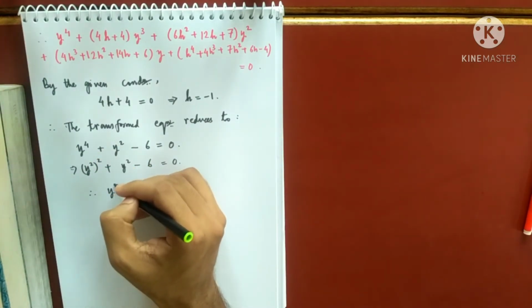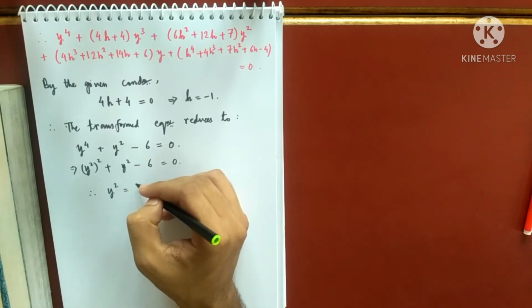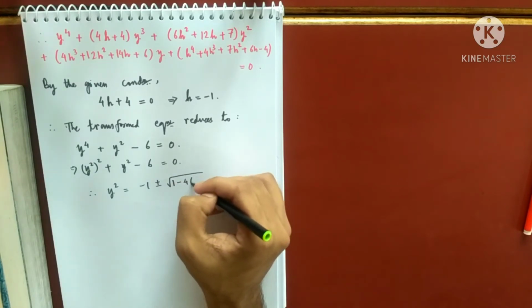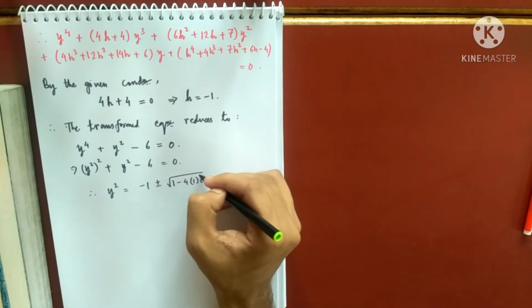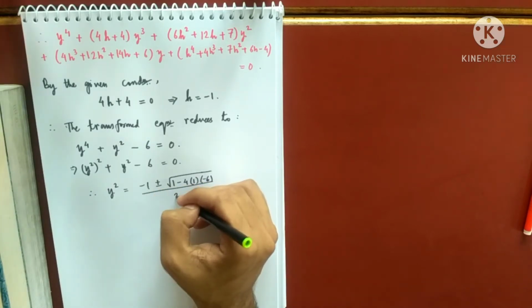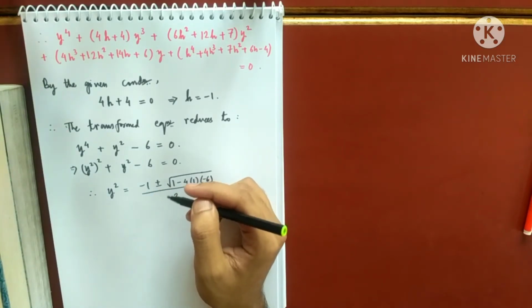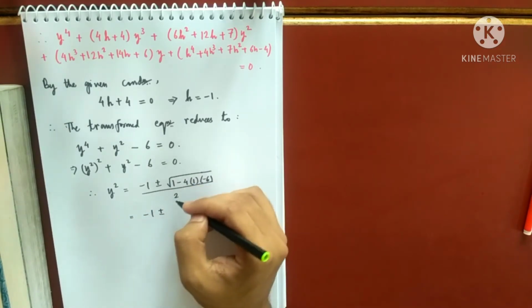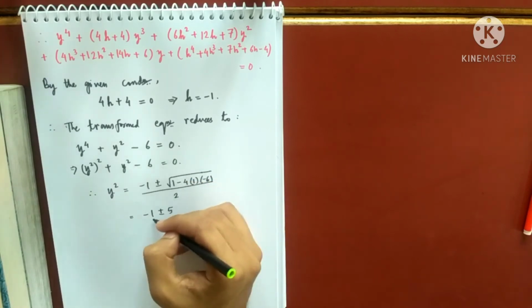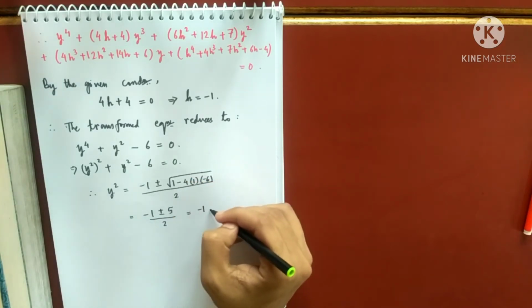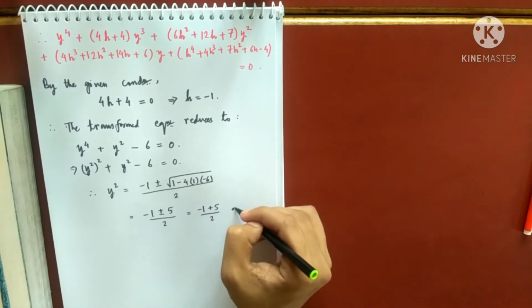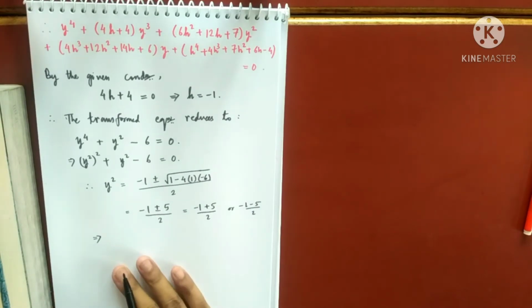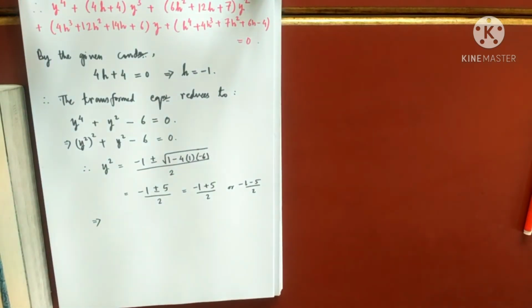So what is the value of z, which is nothing but y square, is minus b plus minus root over of b square minus 4ac by 2 times a, right? So what am I getting? Minus 1 plus minus how much? This is how much? 25, no? So root 25 is 5 by 2. That is I am getting minus 1 plus 5 by 2 or minus 1 minus 5 by 2. So this implies I am getting two possible values of y square.